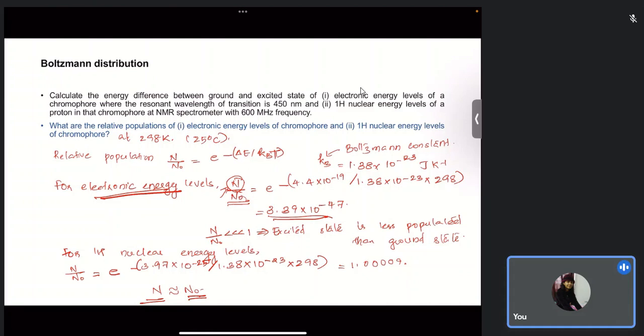In the case of electronic energy levels, the excited state is very much less populated than the ground state, so it is a more sensitive spectroscopic method compared to nuclear spectroscopy, because in nuclear spectroscopy both the ground state and the excited state are almost equally populated.